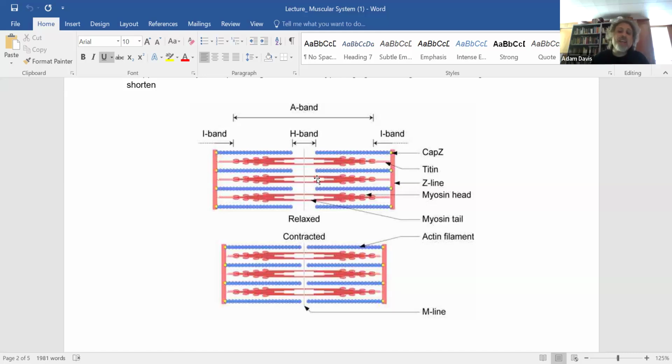When a muscle is contracting, here's what's going to happen. The sarcomere is going to change, and it's going to shift so it looks like the bottom diagram. Look what's happened in the bottom diagram. The thick and thin filaments slide over each other, and they overlap more than they did before.